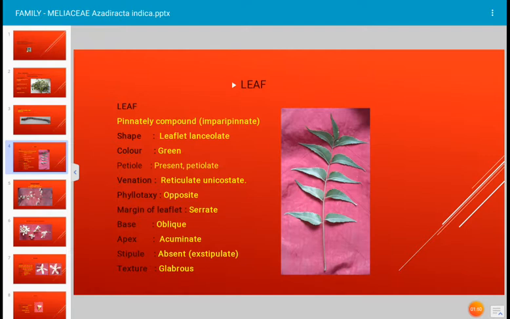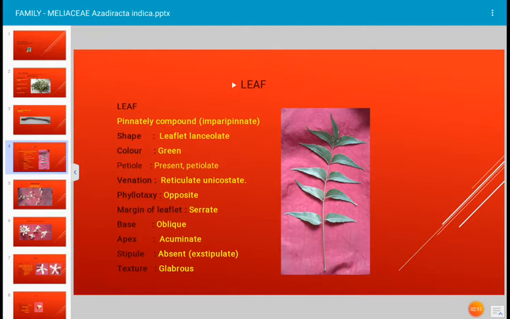The leaf is described as pinnately compound leaf, but it is an imparipinnately compound leaf because the leaf consists of an odd number of leaflets. The uppermost leaflet in the photograph has no pair.